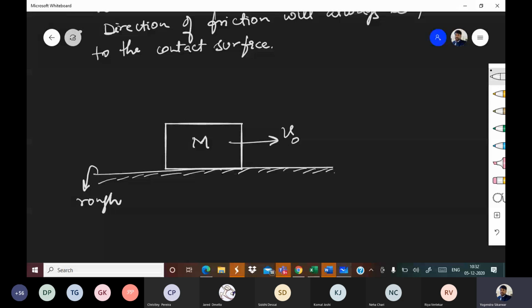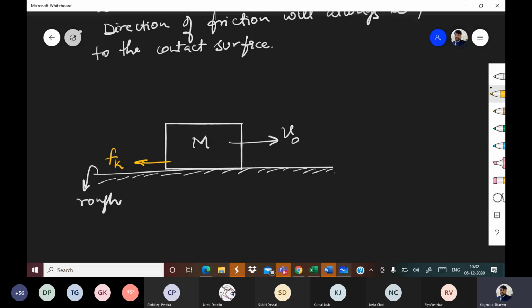Now how can the surface or ground stop the relative motion? Obviously it is not going to say to the block, oh, block please stop. No, in this case ground is going to exert a force on the block, and that force will be friction.